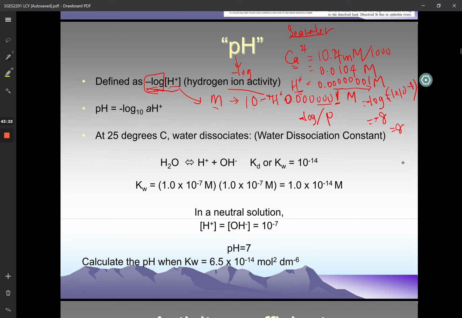You could have P calcium, which means the negative log of the calcium ion concentration. You can have P of whatever thing, for example POH, which is for the hydroxide concentration.